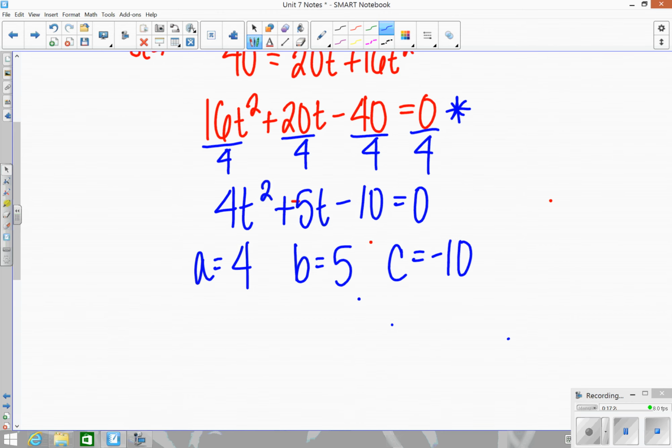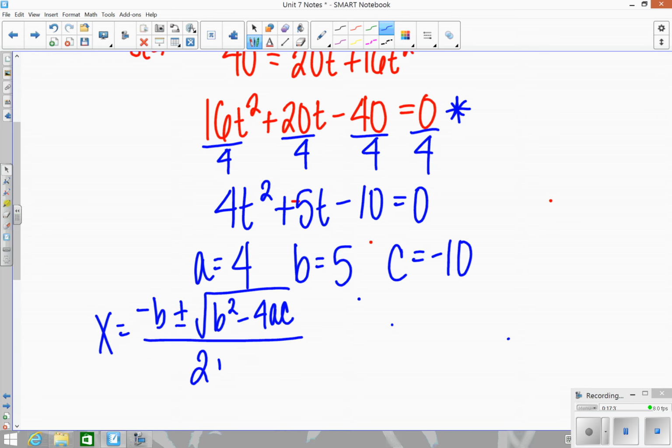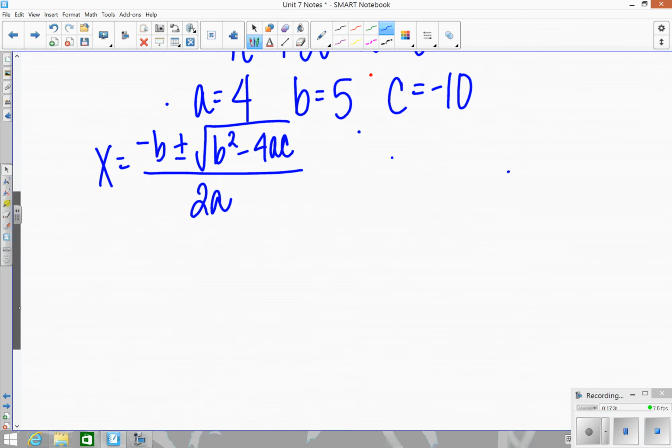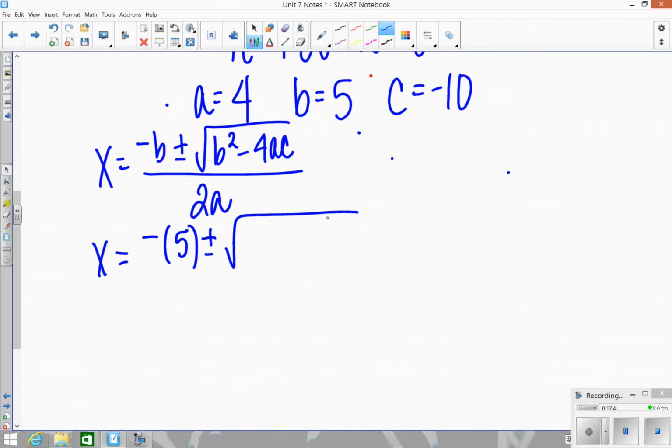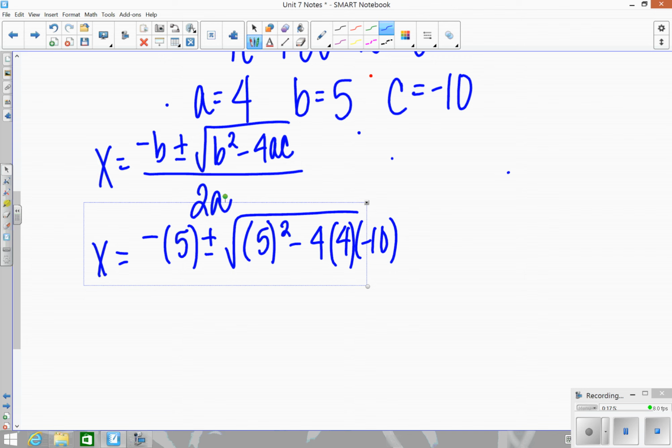And then we're going to plug in, so negative b plus or minus the square root of b squared minus 4ac all over 2a. So we have negative b plus or minus, we have b, which is 5, minus 4ac all over 2a. And then we're just going to simplify.